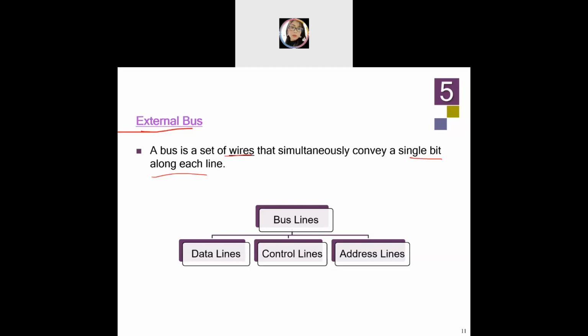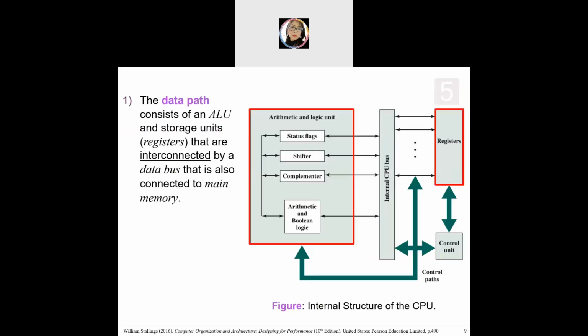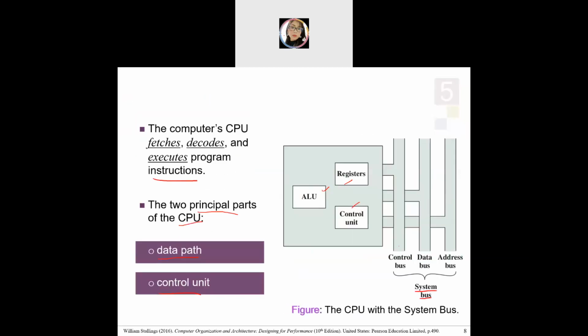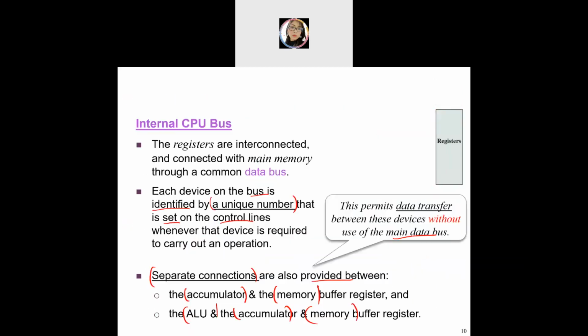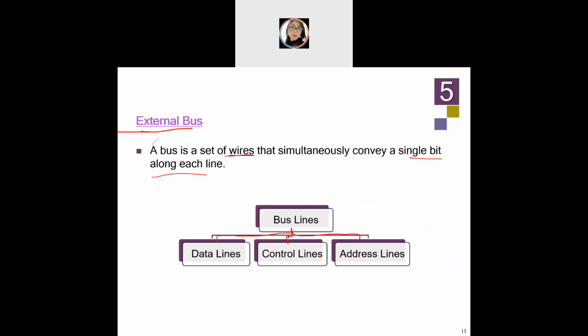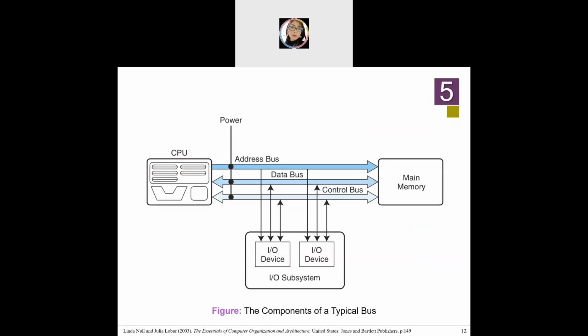So in terms of external bus, the bus lines here are going to be categorized into data line, control line, and address line. Quite similar also to the control bus, data bus, address bus. But this one is the overall system bus. Now under the external bus, you have the data, control, and address. But in terms of line, it's under the wires of the external bus.